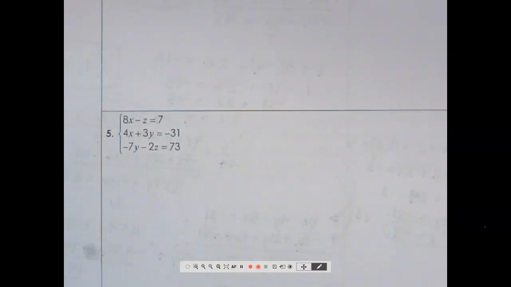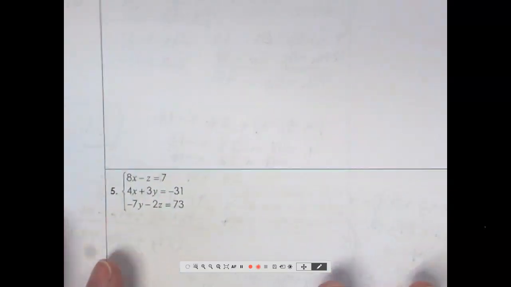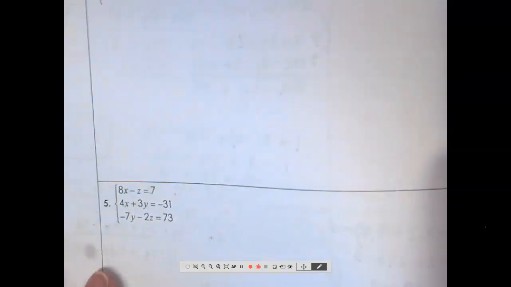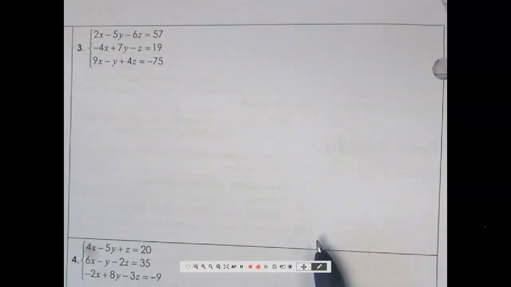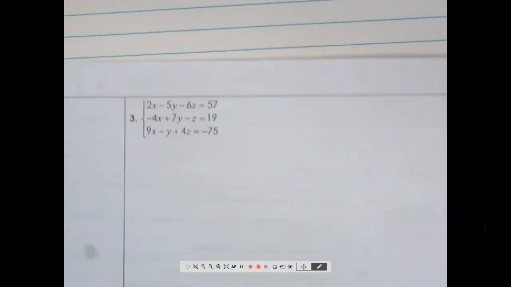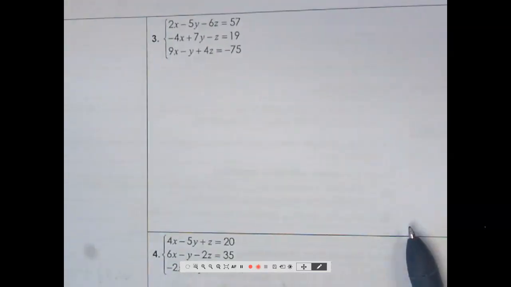Do we want to try that one? Okay, well, maybe we'll make that one homework. Let's do 3 for now. Please work with someone else. But if you do, do it the same way so that you can check each other and find mistakes if you make them.